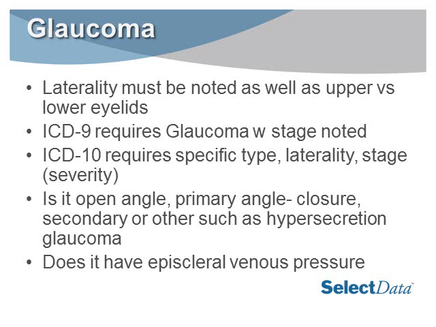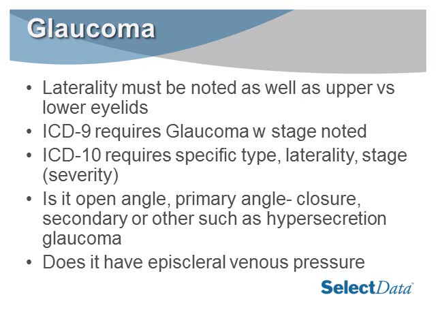Now, for documentation for glaucoma, laterality must be noted, as well as whether it's upper versus lower eyelids on any eye condition. Well, ICD-9 requires that glaucoma be staged. ICD-10 now requires the specific type, the laterality, and the stage or severity.